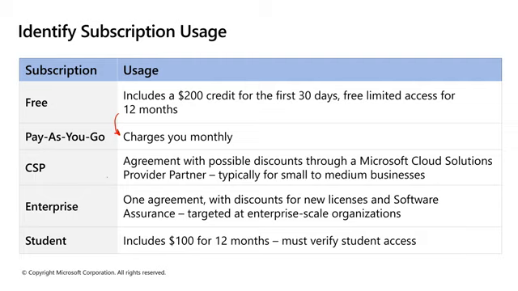Now, if you're a small to medium-sized enterprise or organization, typically you're going to look at getting subscriptions from a cloud solution provider, which can provide you with different types of subscriptions. A lot of the time, you might be looking for different partners to create solutions for you.